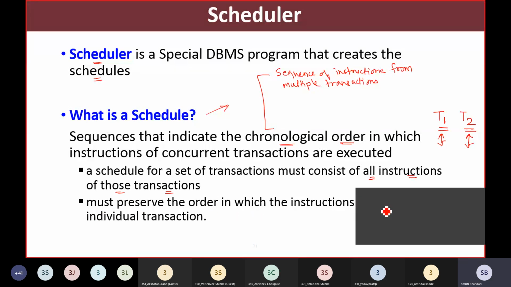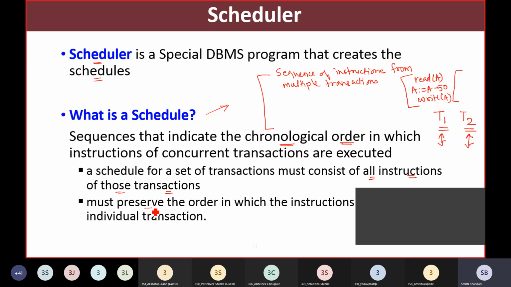The schedule must preserve the order in which the instructions appear in each individual transaction. So what do we mean by that? Suppose my transaction T1 is read A, then A equals A minus 50, and write A. So transaction T1 has this order of instructions.